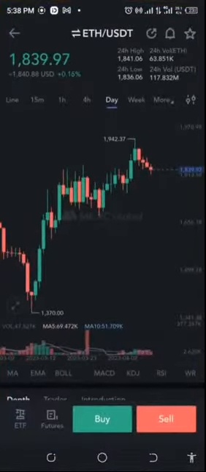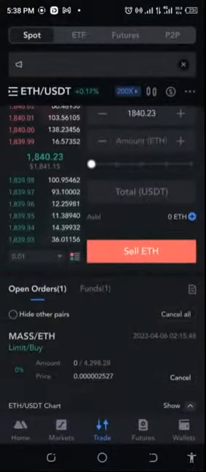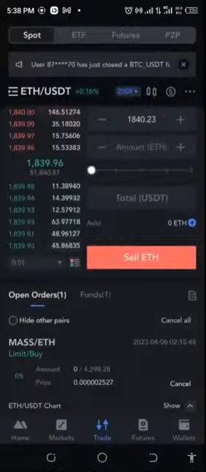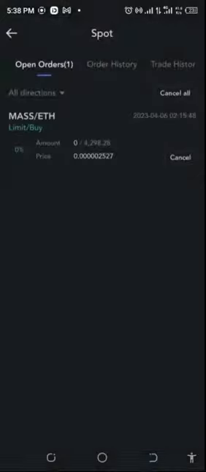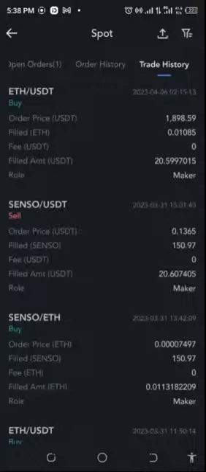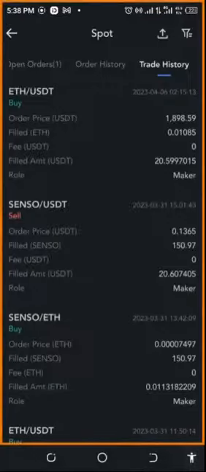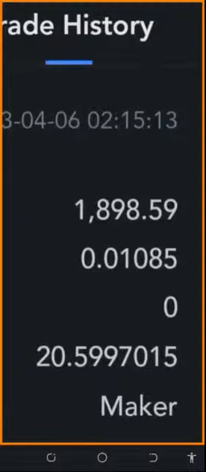So because of that, because I bought this mass ETH, I mean, sorry, I bought ETH for 1,898, almost like 1,899, as you can see here.